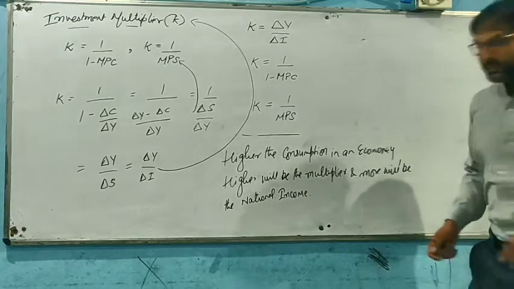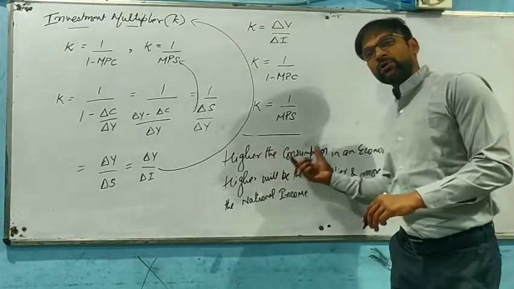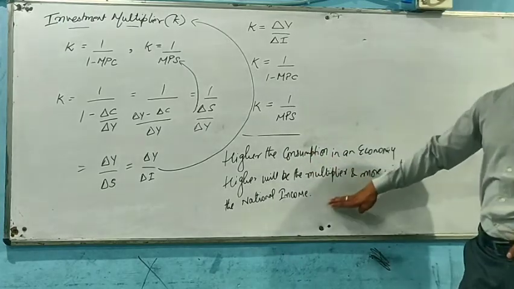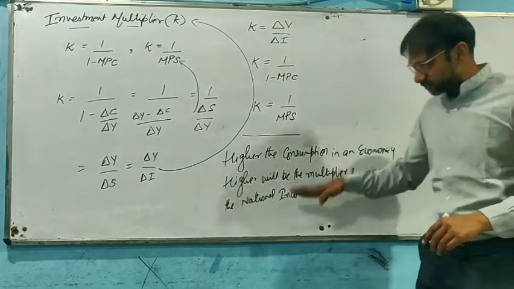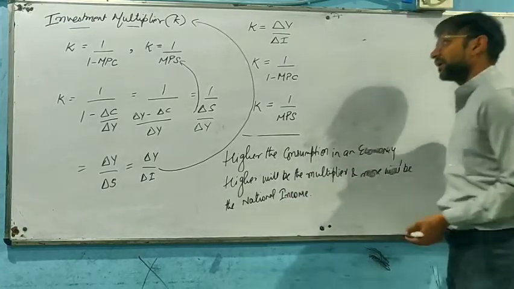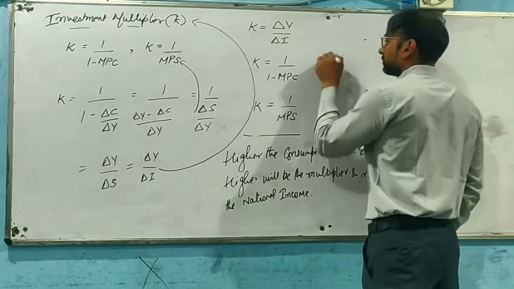In contrary to it, if there is higher amount of savings, it will lead to lesser amount of multiplier and it will lead to lesser amount of national income. We can prove with the help of a question or example.